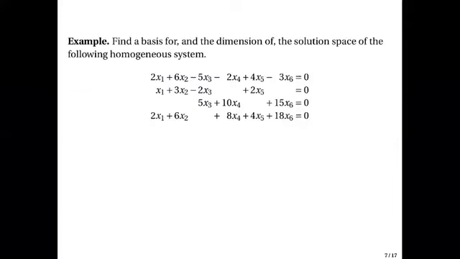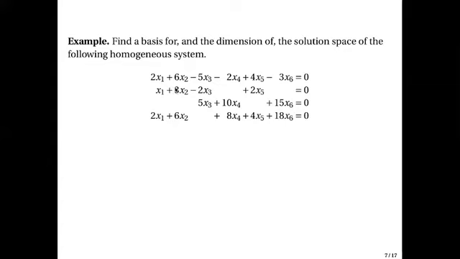Now, for example, find the basis for and the dimension of the solution space of the following homogeneous system. Recall that if you get the general solution of a homogeneous system, then you will be able to get the solution space. And we mentioned last time that the solution space forms a vector subspace of Rn.